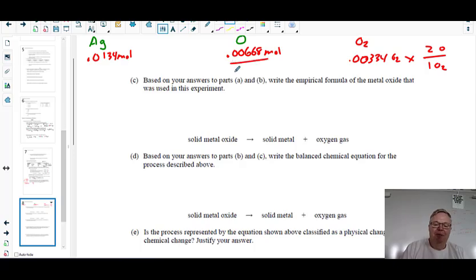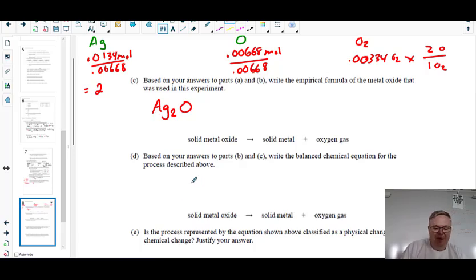Now I can divide both of them by the smallest to create the ratio, and that tells me this is approximately 2, so my empirical formula must be Ag2O. And that makes sense because Ag is typically +1 and O is -2. So there we go.